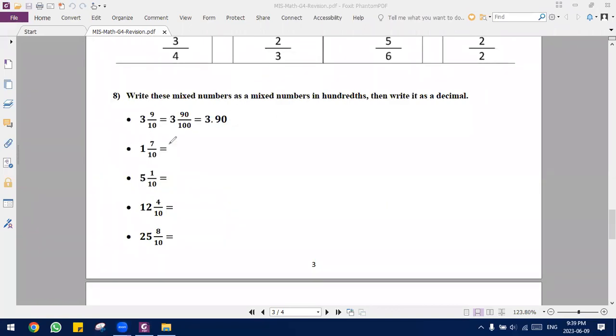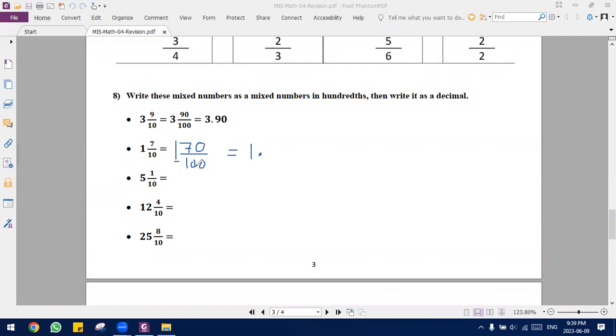Now 1 and 7 over 10, make it a mixed number for 100, it's 70 over 100. So we add 0 up and 0 down here. Then if I need to write it as a decimal, first of all, you take the whole number here, it's 1 point.